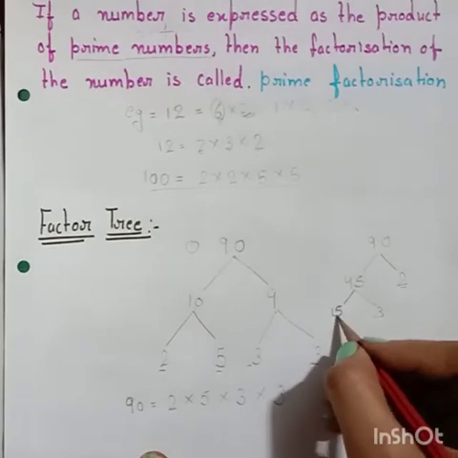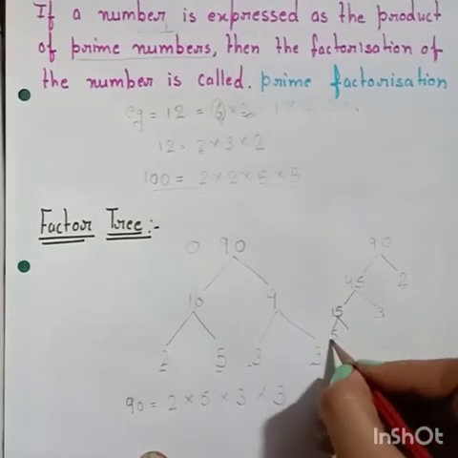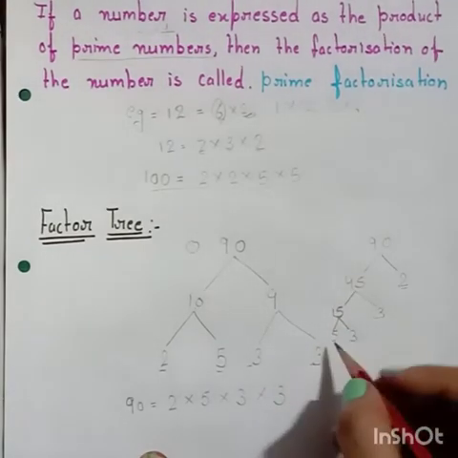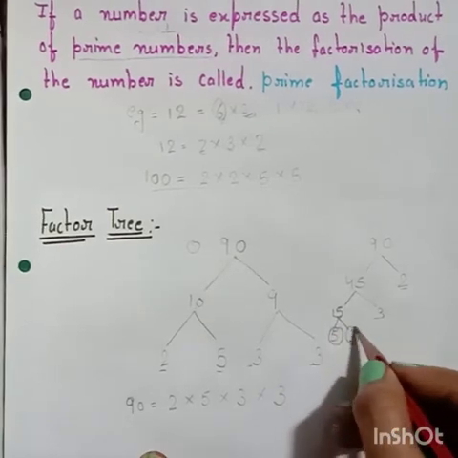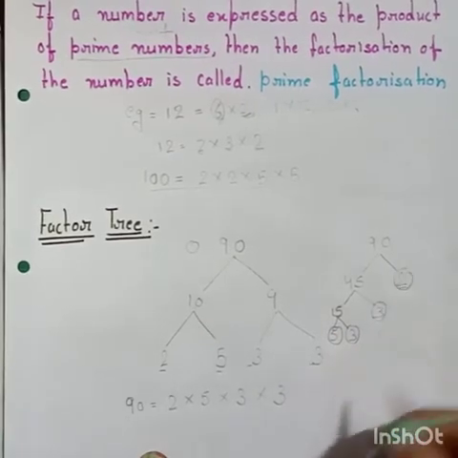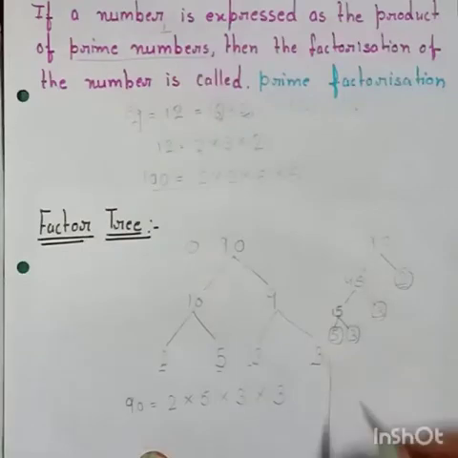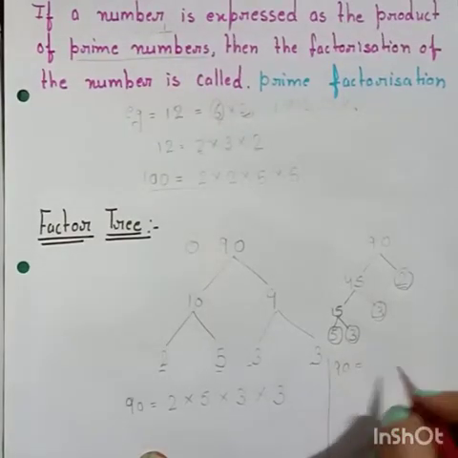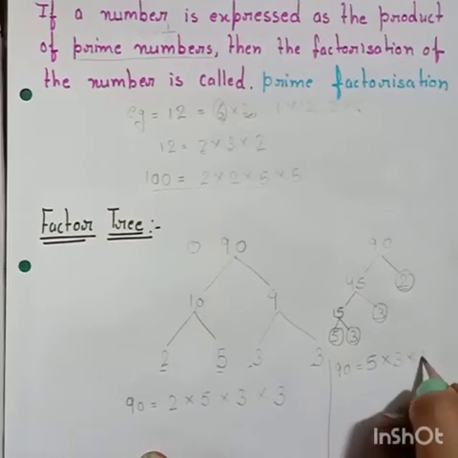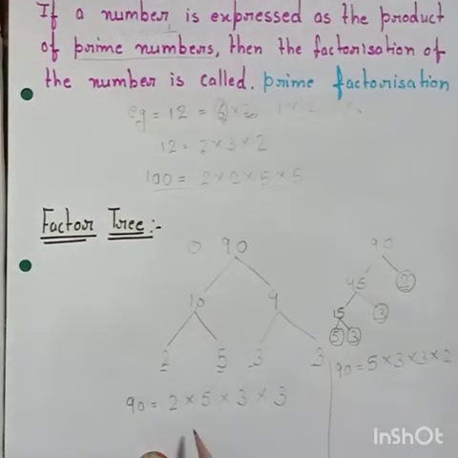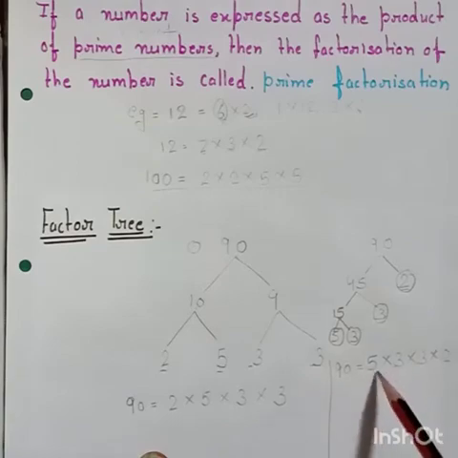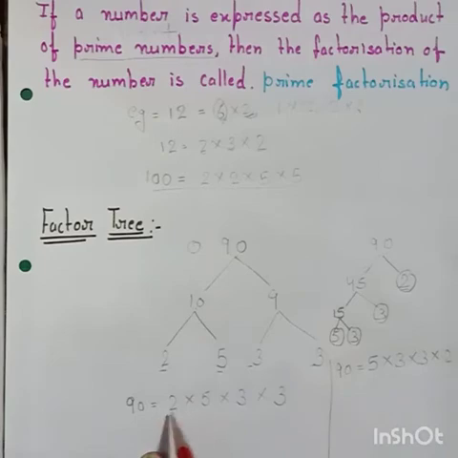Now this 15 can be broken as 5 threes. Now you have the prime numbers. So here the prime factorization of 90 is coming as 5 into 3 into 3 into 2, and here it is 2 into 5 into 3 into 3, and here it is also 5 into 3 into 3 into 2.